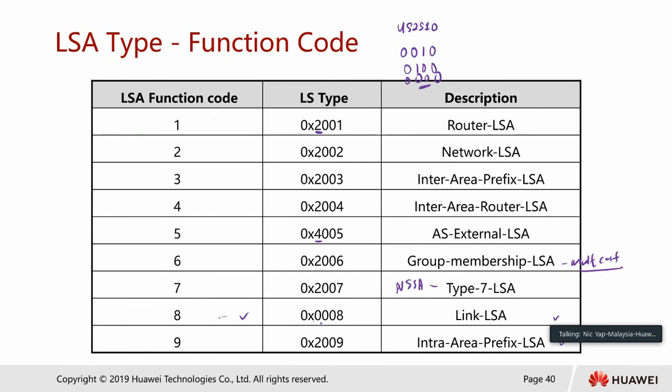First you need to know how this type is differentiated using the hexadecimal. 2 is for the area, 4 is for the AS, 0 is for link-local. This is how we need to differentiate first. For the functionality, later we go more in depth.